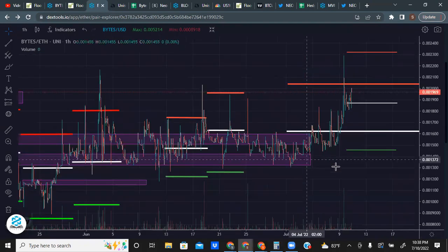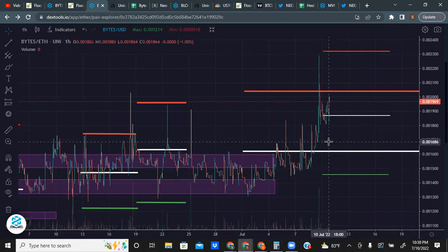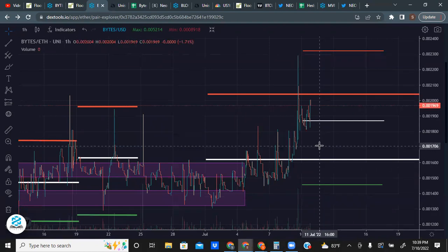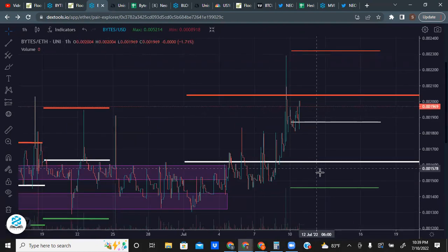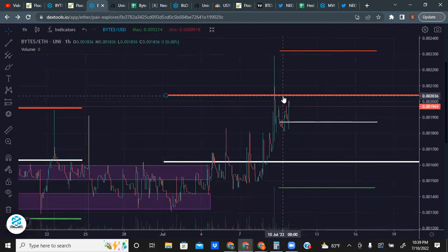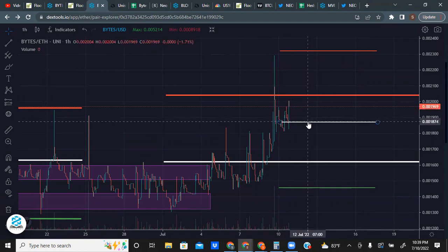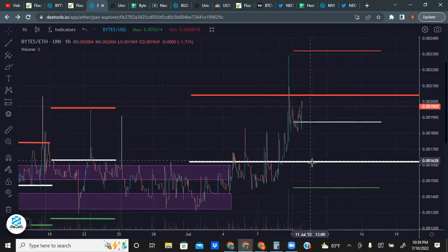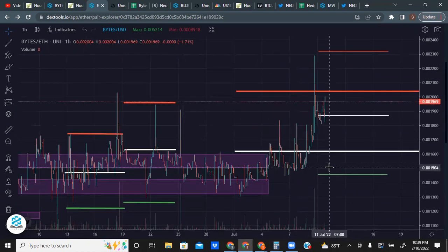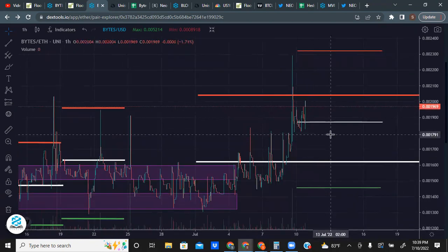Overall, it's been going up pretty decently, but really no telling, right? If you're looking on the Ethereum chart, this is a little bit bearish, right? Because you got this resistance here, and then you have these central pivots, which will possibly bring the price back down lower. So for me, I'm just going to wait and see.